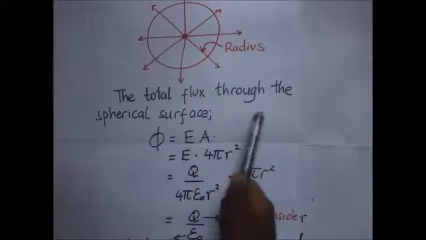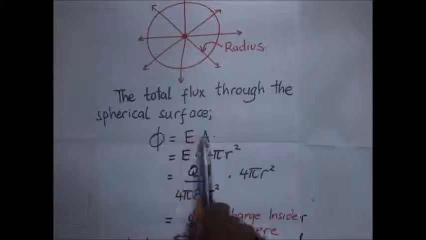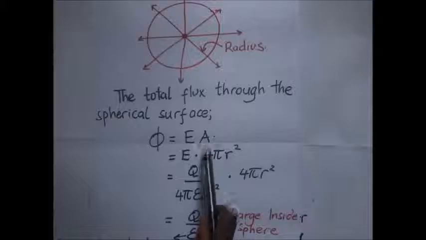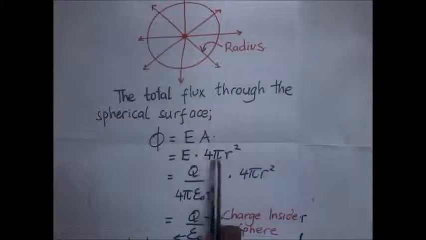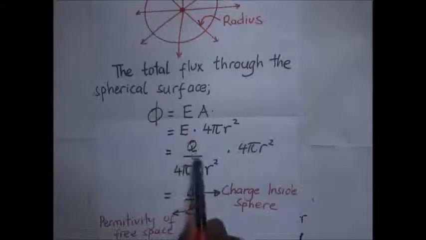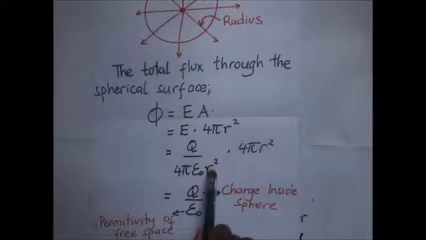The total flux through the spherical surface is going to be the intensity times the area. So the electric field intensity times the surface area of a sphere, which is 4 pi r squared, and the intensity is q over 4 pi epsilon naught r squared.